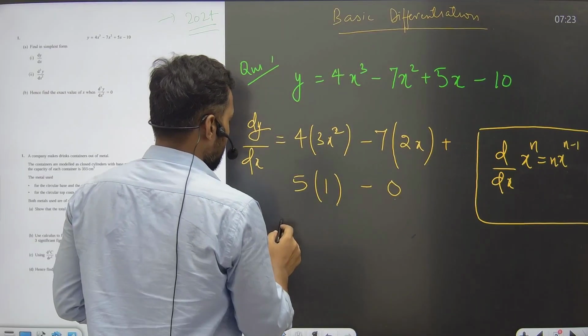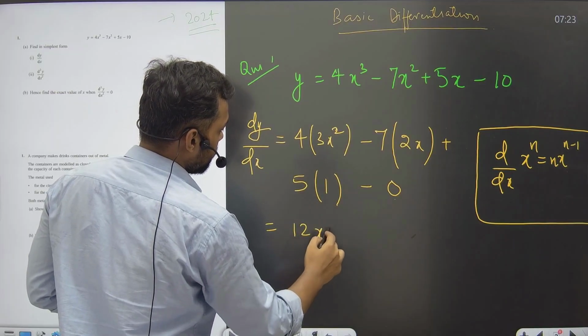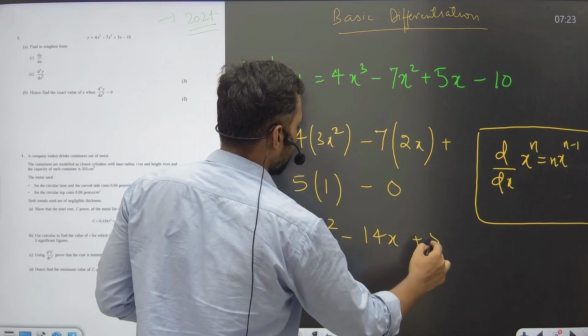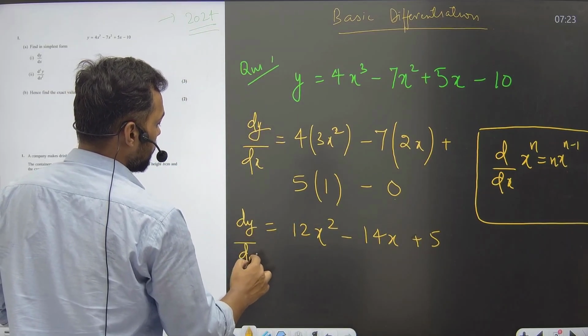So we get 4 times 3, that is 12x squared minus 14x plus 5. This is what we are getting as dy by dx.